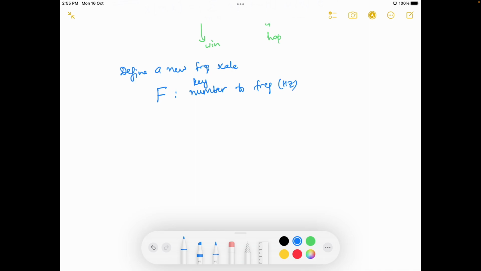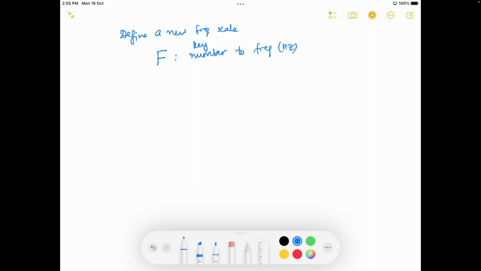F is a mapping like this. Let's define it. I define a variable p. P is my key number, my key index.